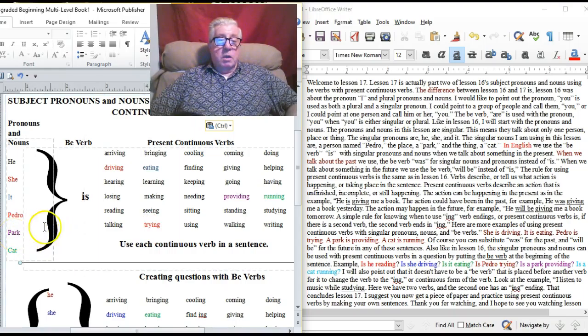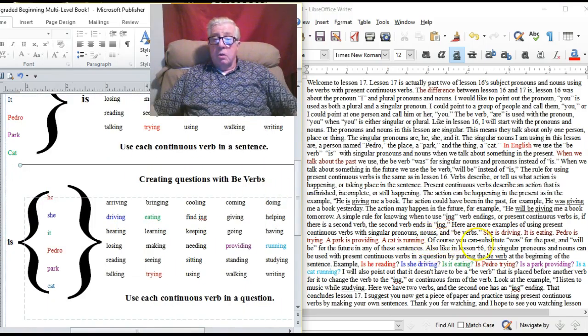A park is providing. A cat is running. Of course, you can substitute was in the past and will be for the future in any of these sentences.